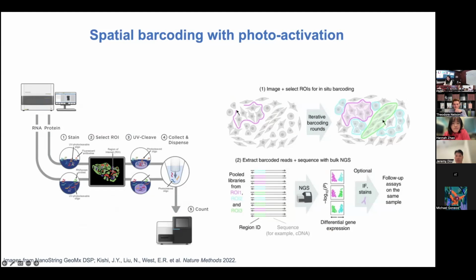There's a similar concept called Light-Seq, where you're also selecting based on regions, and you're using light to assign the regions where you're barcoding, collecting after and dissecting the spatial information later.